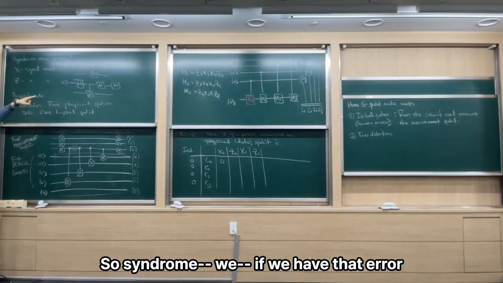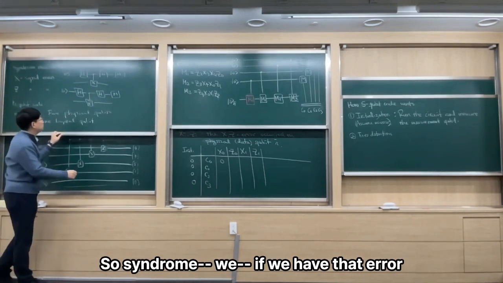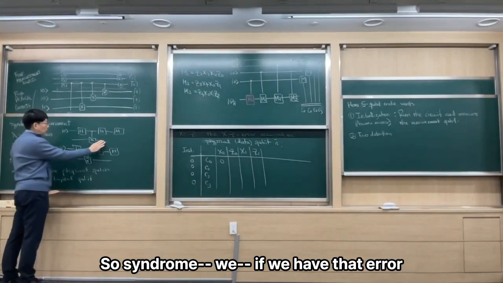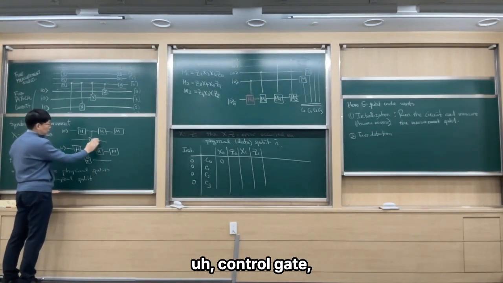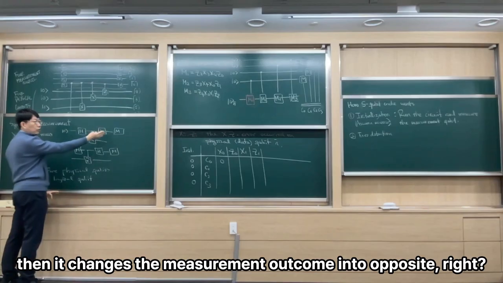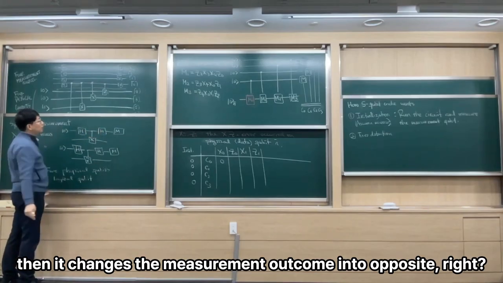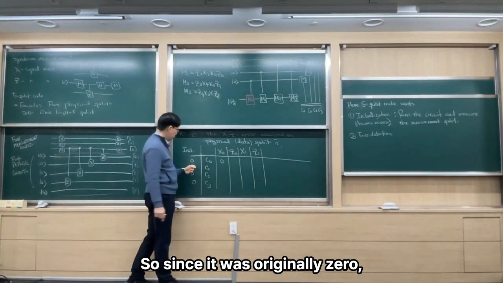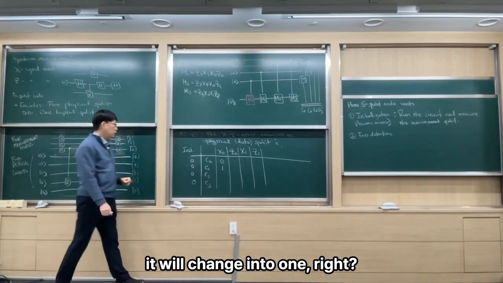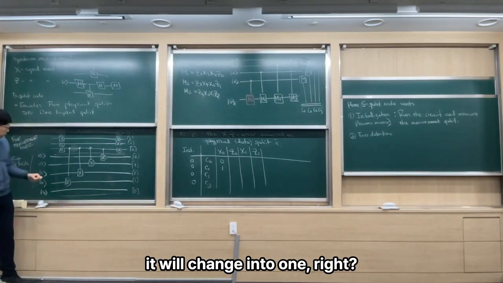If we have an error somewhere in between this quantum control gate, it changes the measurement outcome to the opposite. Since it was originally 0, it will change into 1, right?